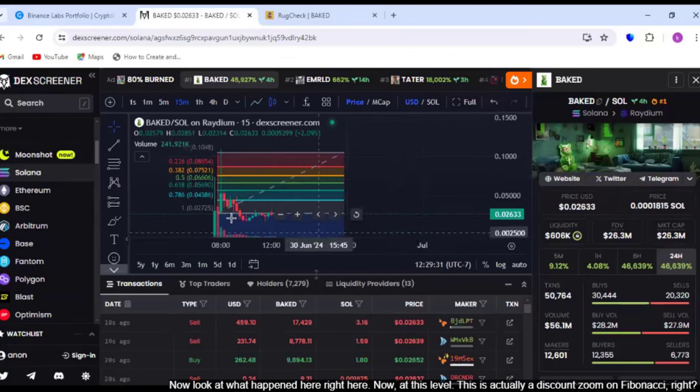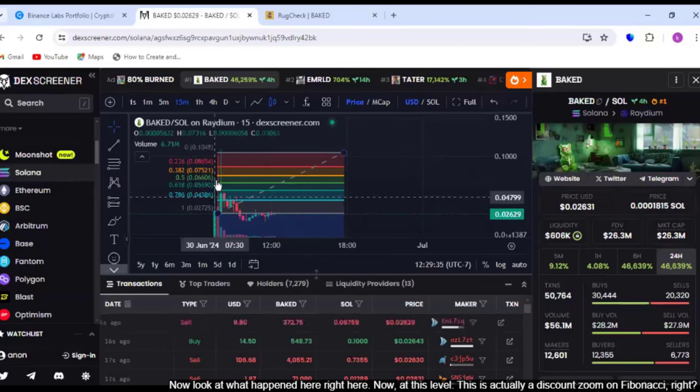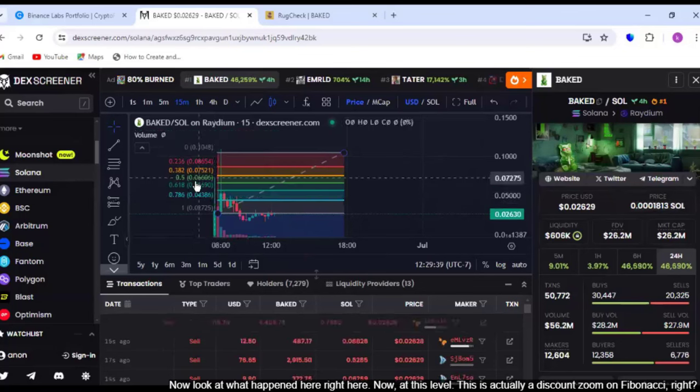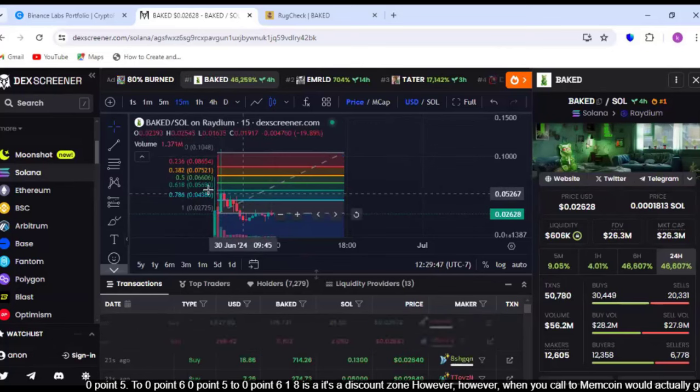Now, look at what happened right here. At this level, this is actually a discount zone on Fibonacci, right? 0.5 to 0.618 is a discount zone.